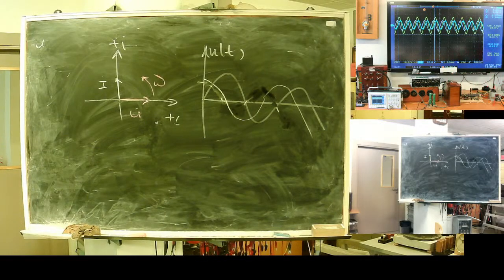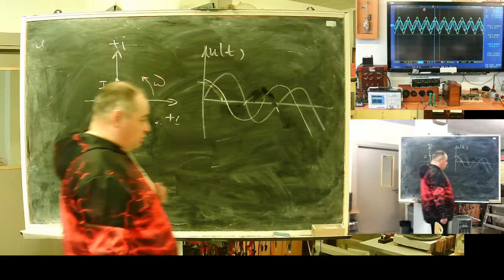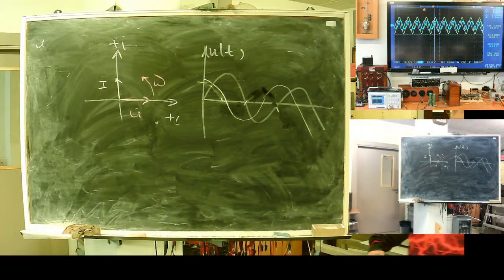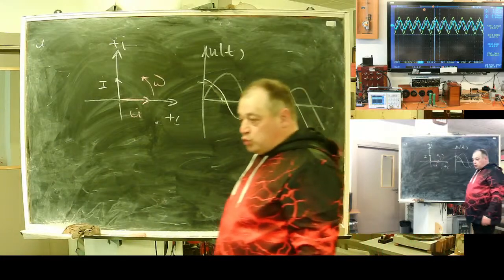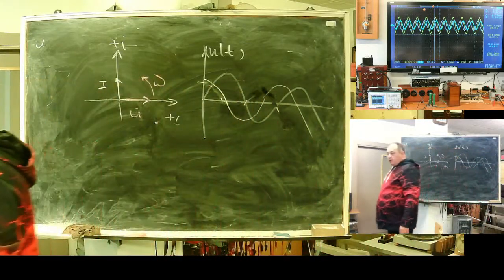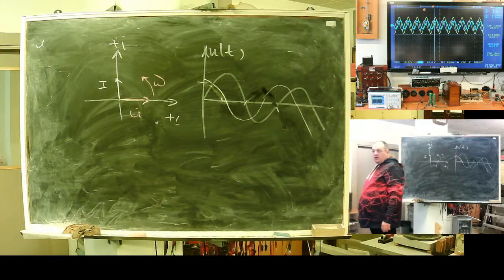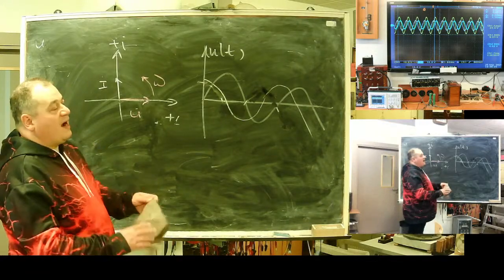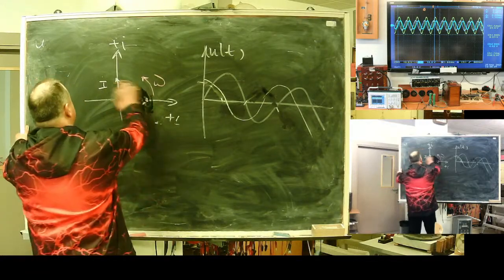To make calculus and AC network handling close to the well-known DC circuit analysis, one special value was introduced. It's called RMS or effective value.